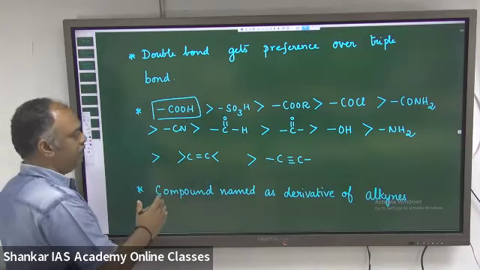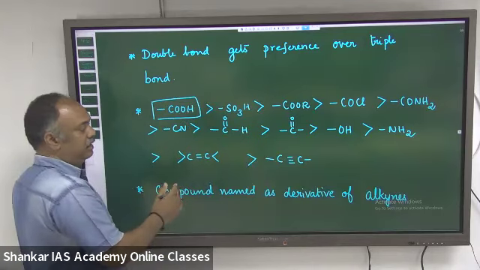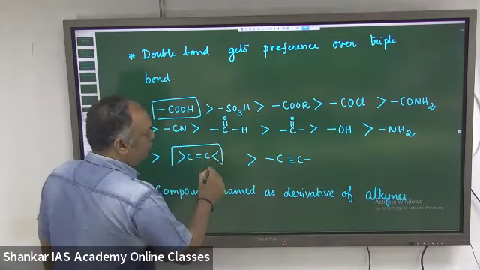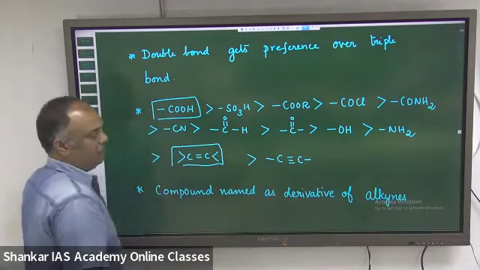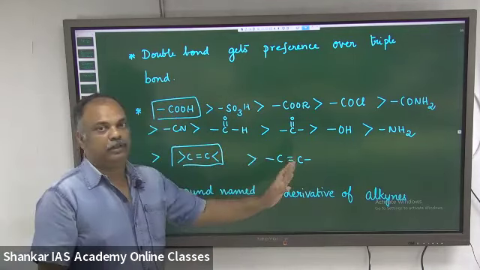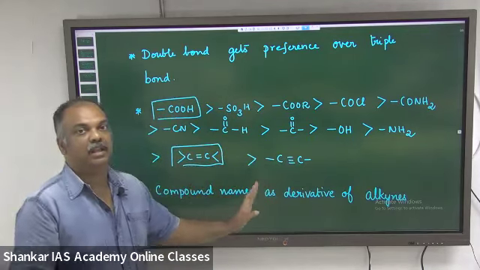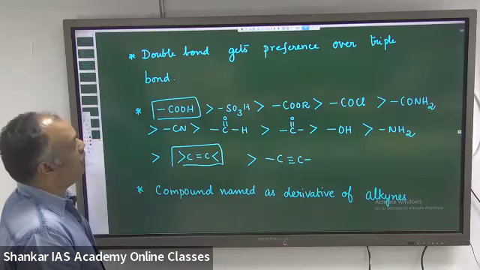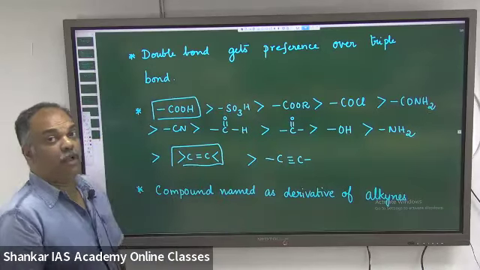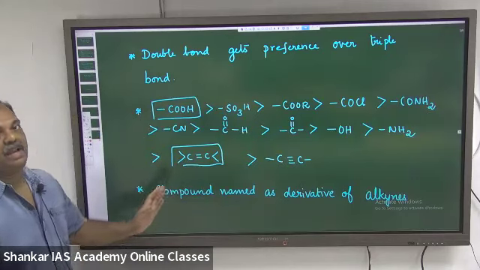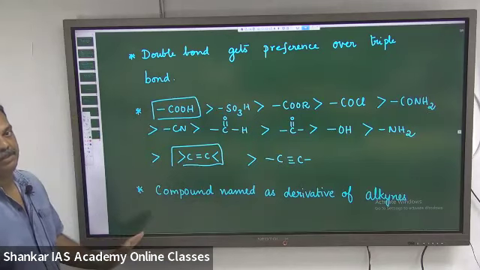Now you can see that in this order we have an alkene getting preference over alkyne. But when you are naming a compound containing alkenes and alkynes, there is an exception.